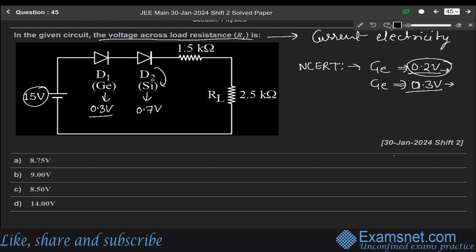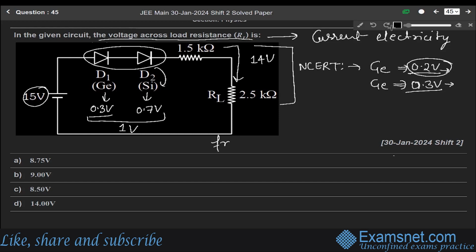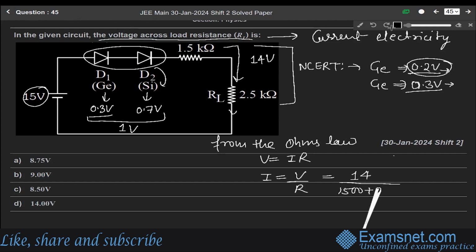So 0.7 plus 0.3, that means 1 volt, is across the two diodes, so the remaining 14 volt is across the resistors. Now, from Ohm's law, V equals IR, so the current I equals V over R. V is 14 volt over the total R. These two are in series, so this will be 1500 plus 2500, so it will be 14 over 4000.